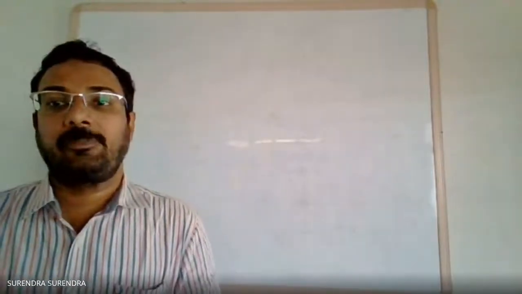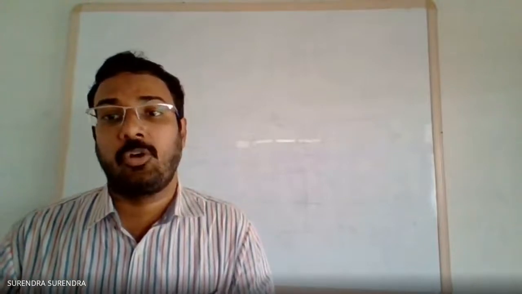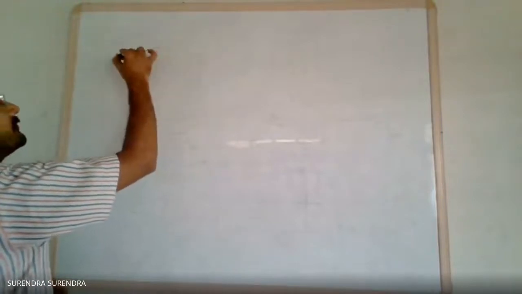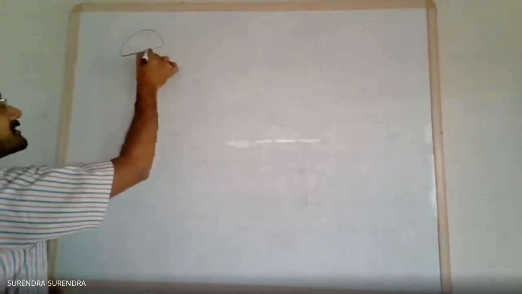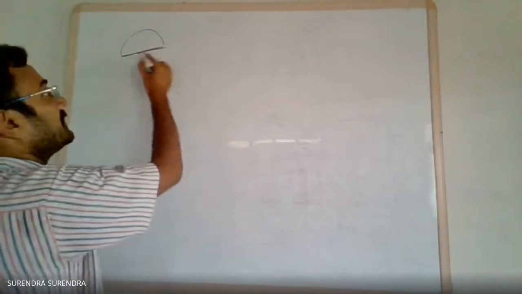A semicircular plate of 80 mm diameter has its straight edge on the vertical plane. Means semicircular plate now, this is the straight edge.